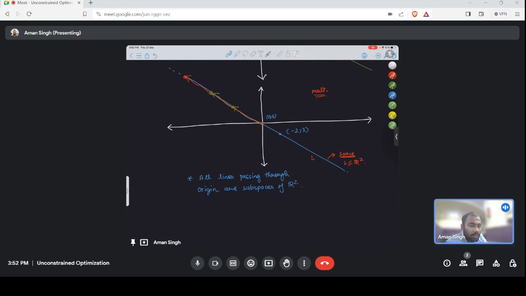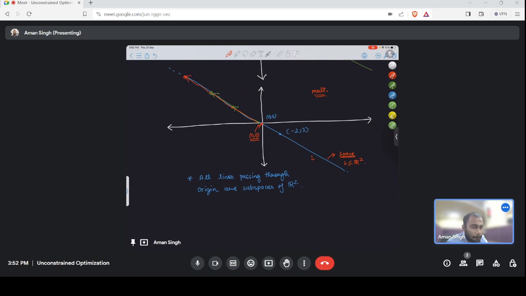There is one more subspace. Let's go one more dimension down. If we take a set in which there is only 0, 0, then it actually satisfies all the properties of a vector space.